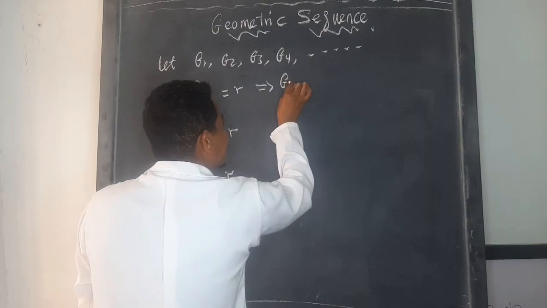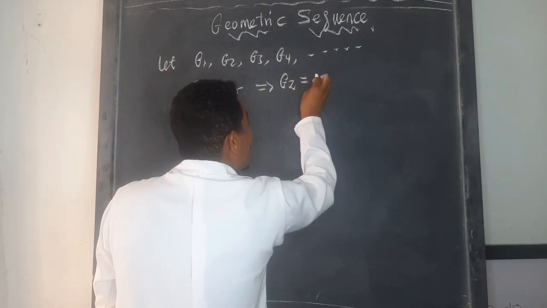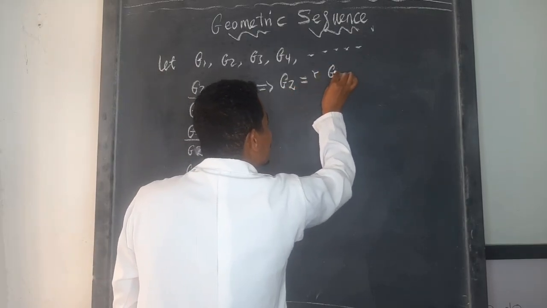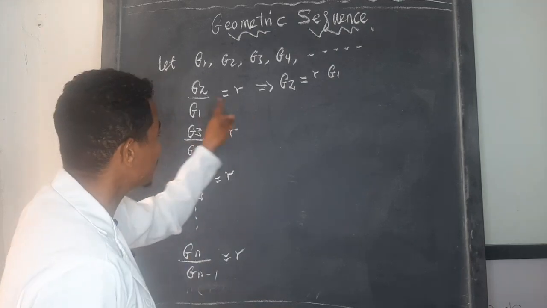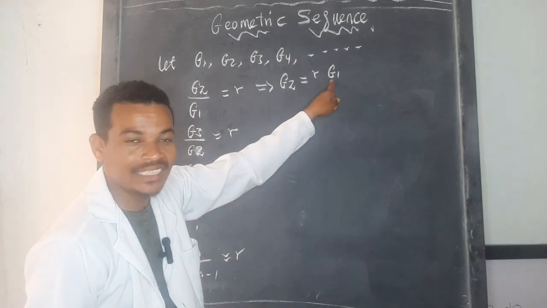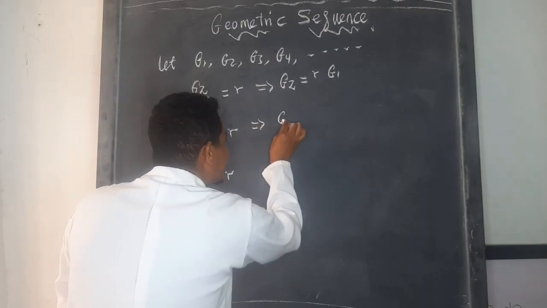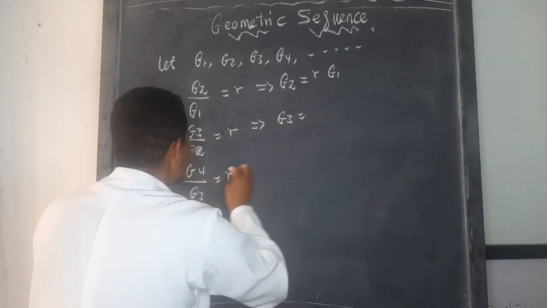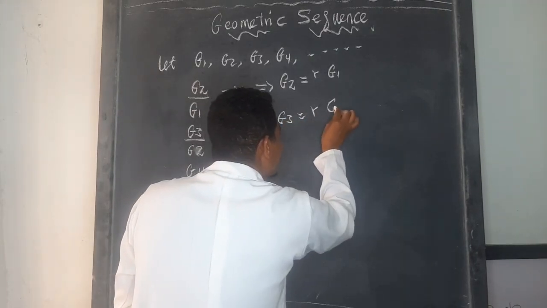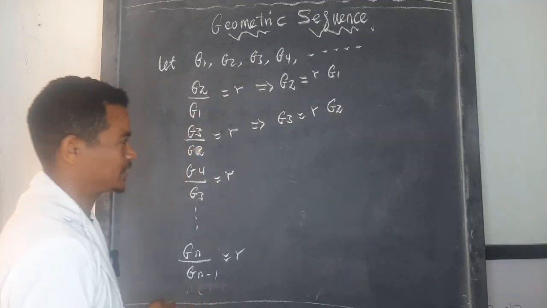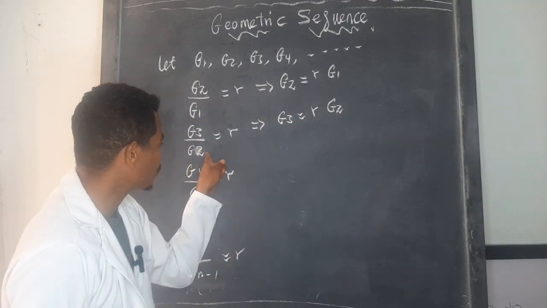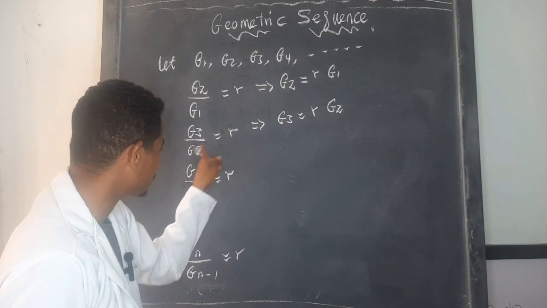G2, the second term, is equal to R times G1. Again, G3 is equal to R times G2, that is R times G2.